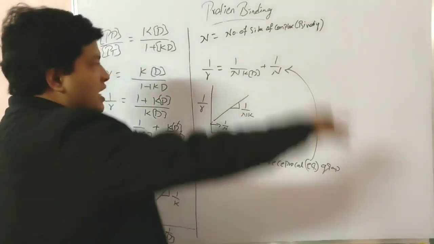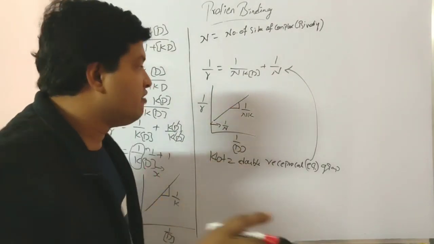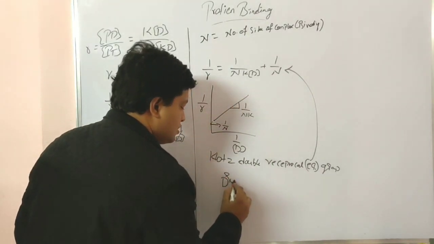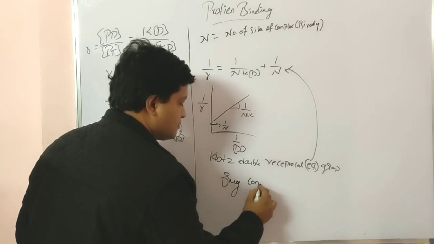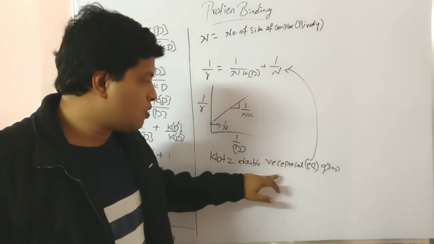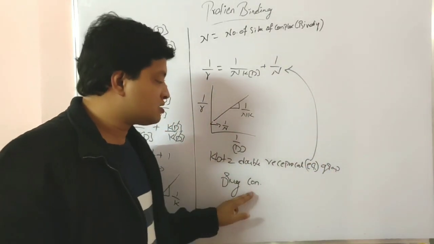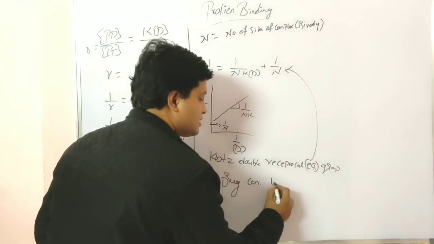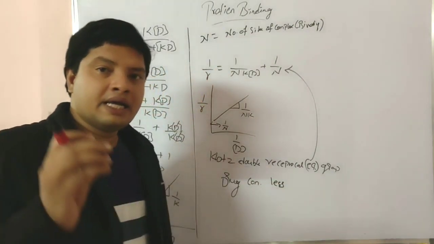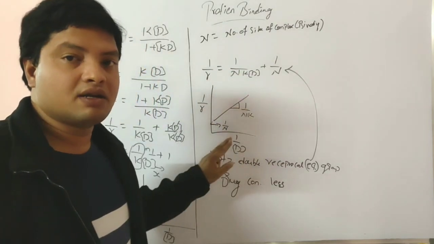What is the problem? You get a straight line for this equation, the double reciprocal equation, only when the drug concentration is low, or very minute.